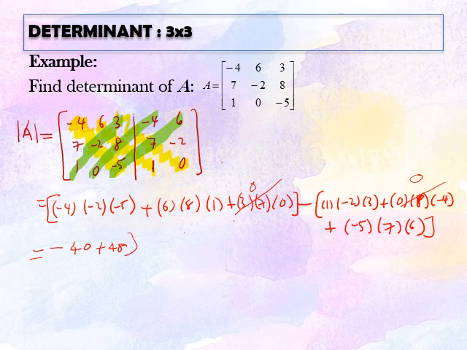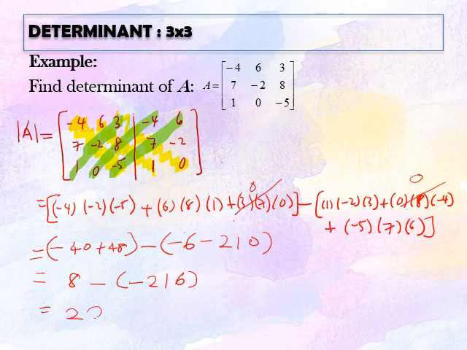Minus, this one is -6, and here is -210. So we are left with 8 minus -216, which is equal to 224. So this is the answer for the determinant of A, which is a 3 by 3 matrix. That's it, the first method.